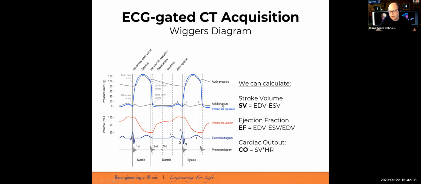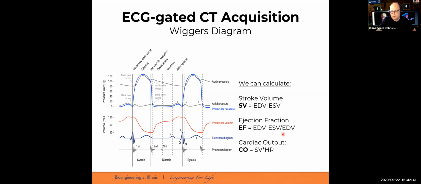So one way or method that you can evaluate the ejection fraction is this: knowing the volumes of the heart from different types of imaging, you can calculate the stroke volume, which is the difference between the end diastolic volume and the systolic volume.